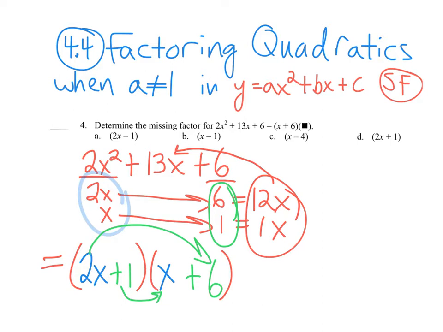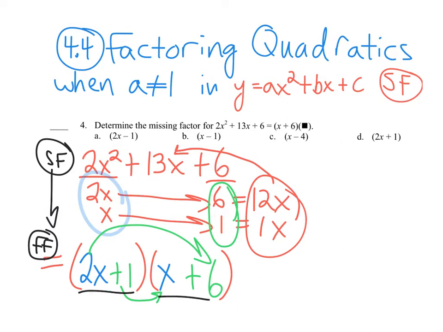So there you have it. We started in standard form, and we converted into factored form by using a factoring strategy called product and sum, where the products of these factors lead to a sum of 13x, which equals the bx term, the 13x, and allows us to write our two binomial factors, 2x plus 1 and x plus 6.